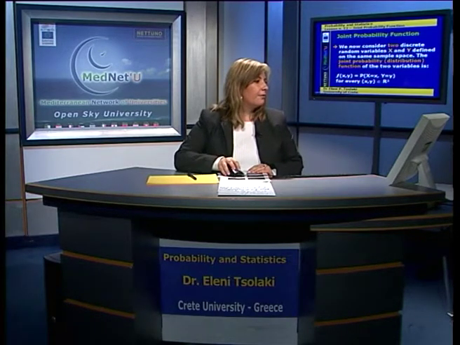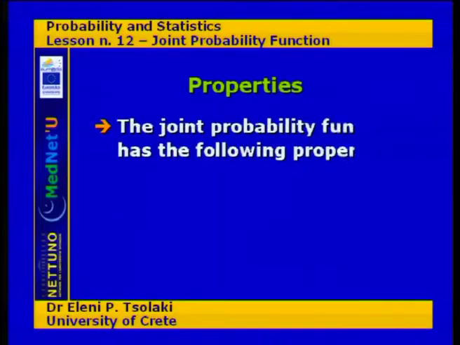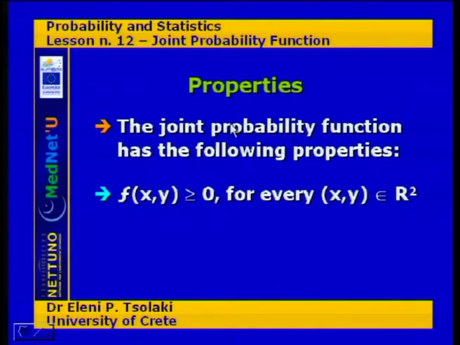So the joint probability function, like the probability function for one random variable, should have the property that it is greater or equal to 0 for every pair x, y in R squared.